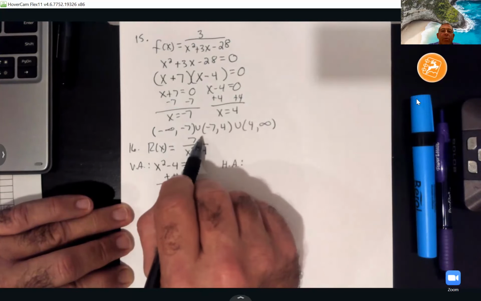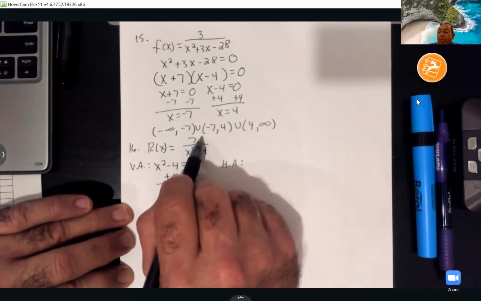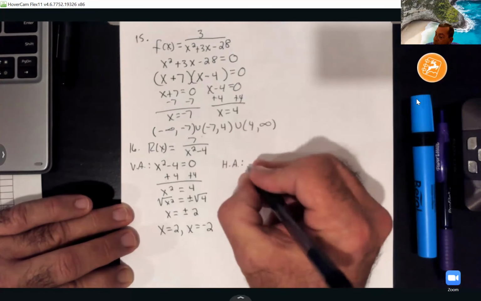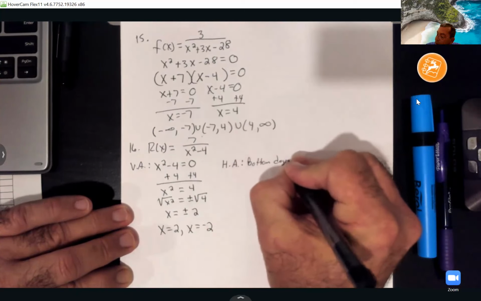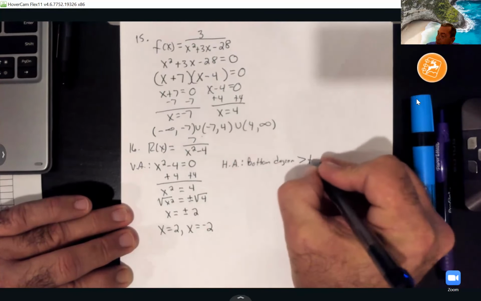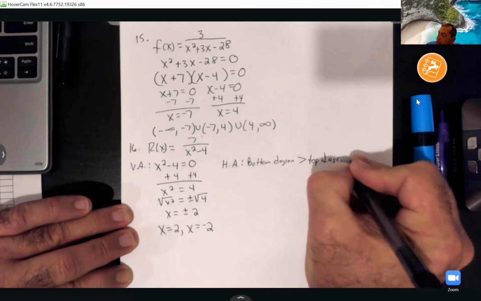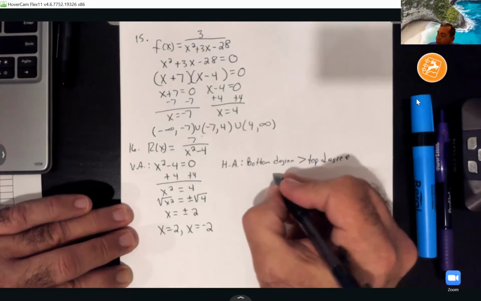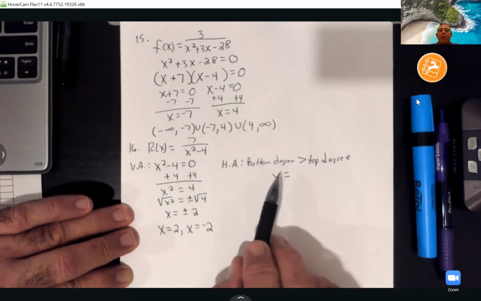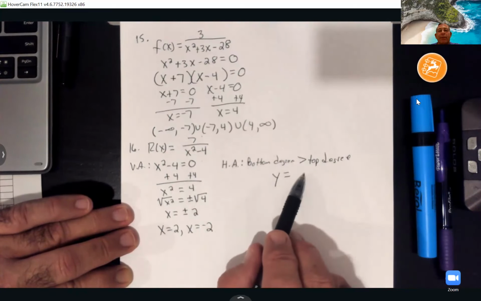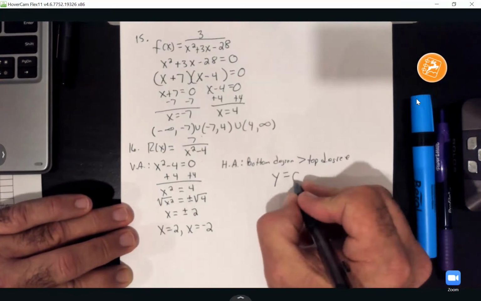There's no degree on top because it don't even have a variable. So for this one, my bottom degree is greater than the top degree. So y'all, what did we say when the bottom was a higher degree than the top? Y equals 0. There you go.